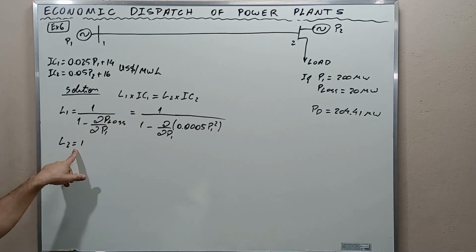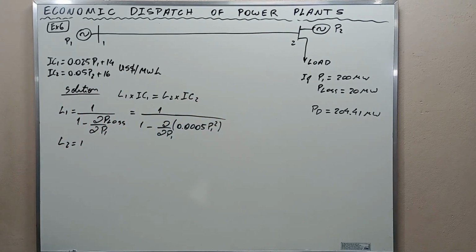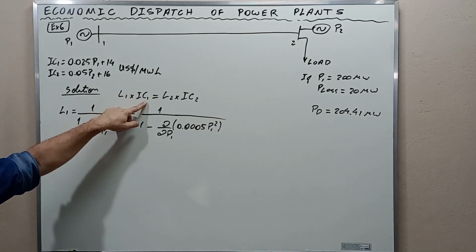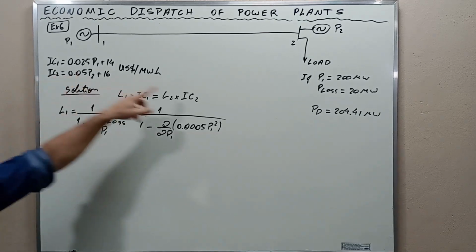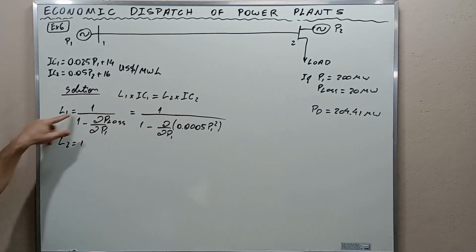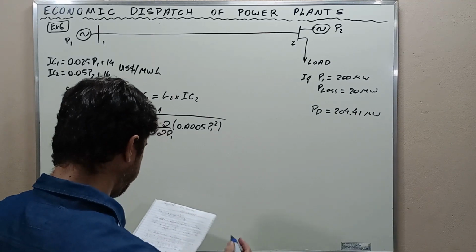That's why the penalty factor associated with power plant 2 is 1. Okay? After using this expression here, this penalty factor here, and this penalty factor here, we find this equation here.